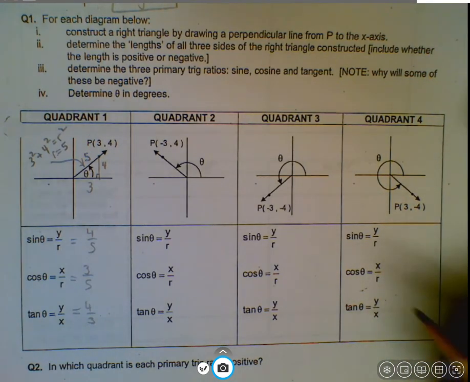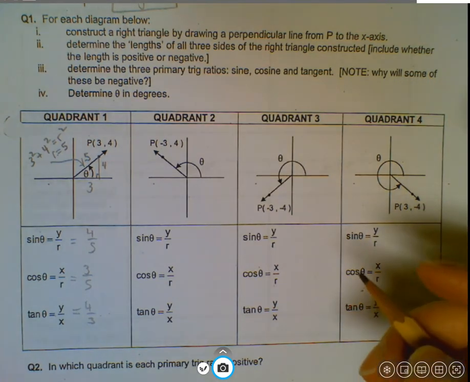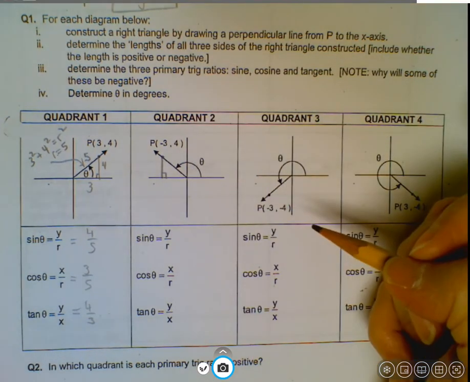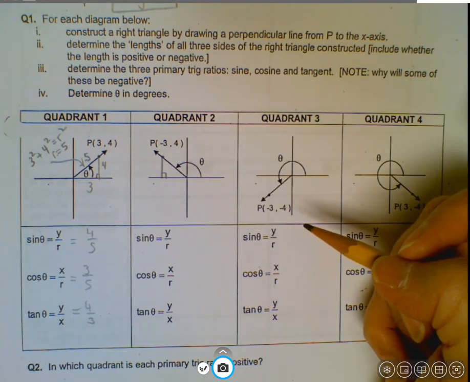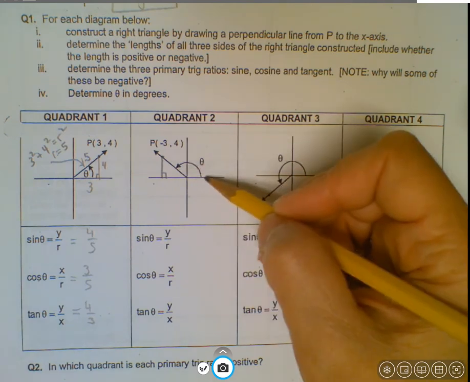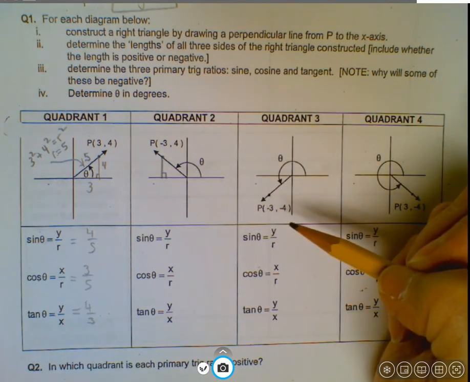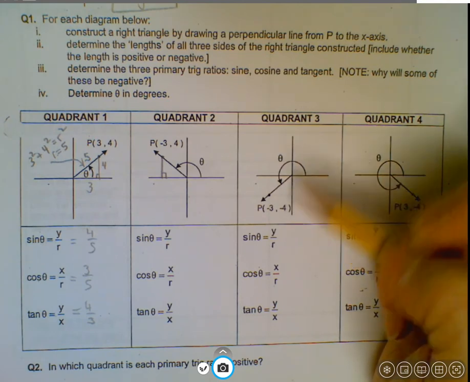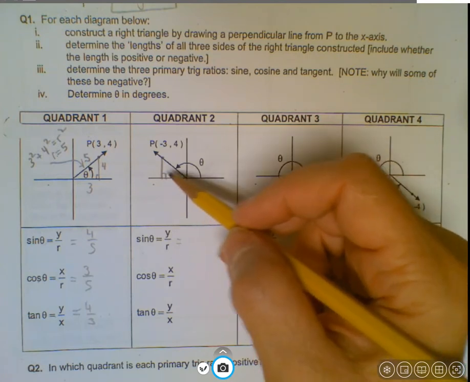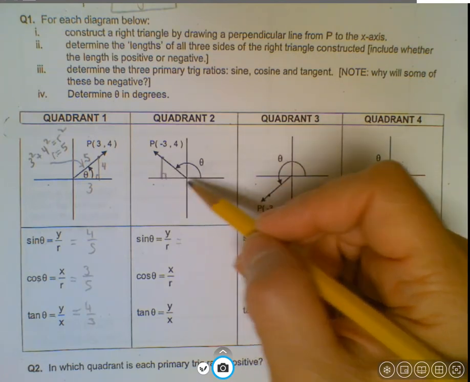But now what if I take that same triangle and flip it into quadrant 2? Notice it's the exact same triangle. I've just got it flipped into quadrant 2. And theta is being measured in standard position. So theta is actually outside the triangle. All right, so now what's going to be sine, cos, and tan? The size of the side lengths is exactly the same.